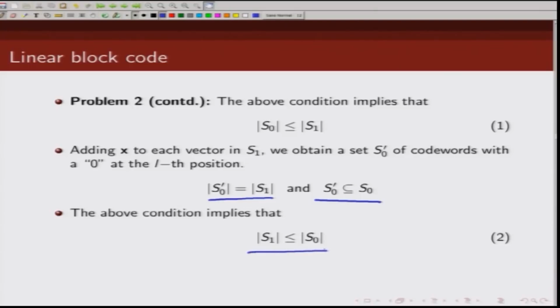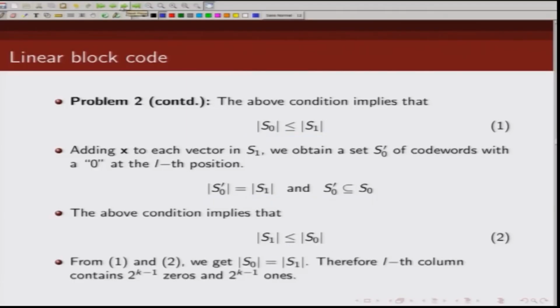that the number of code words which have 1 at the lth location is less than or equal to the number of code words which have 0 at the lth location. Now these two relations, equation 1 and 2, can be simultaneously satisfied only when equality holds. So this shows that at any lth location, the number of code words which have 0 at the lth location is the same as the number of code words which have 1 at the lth location.